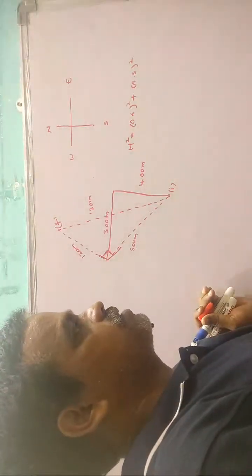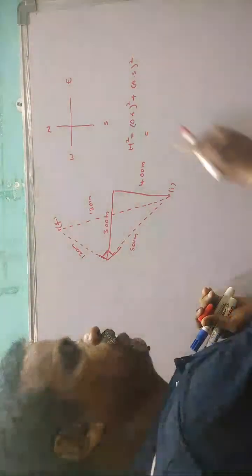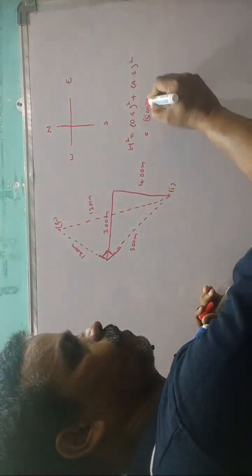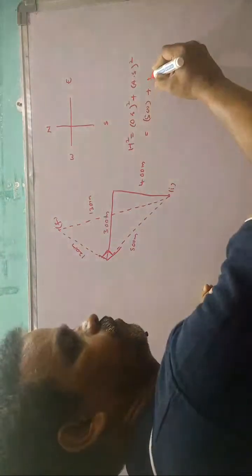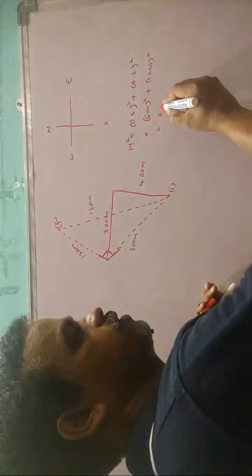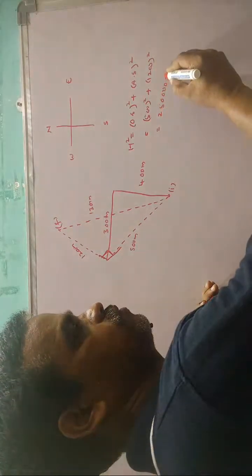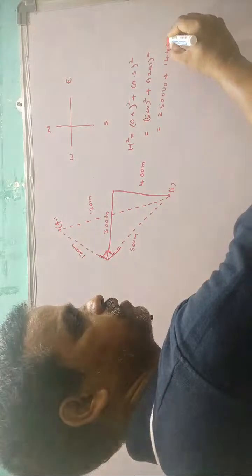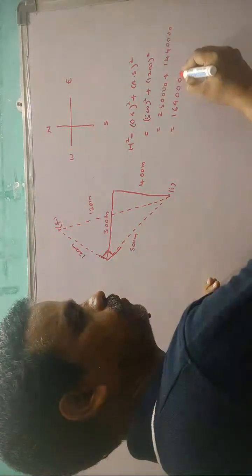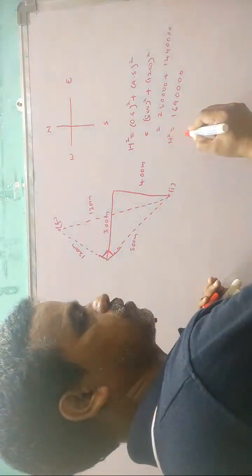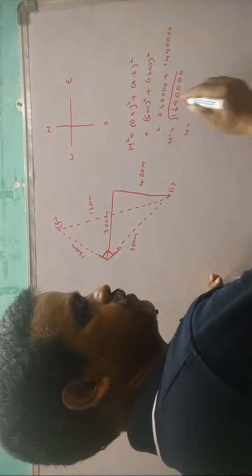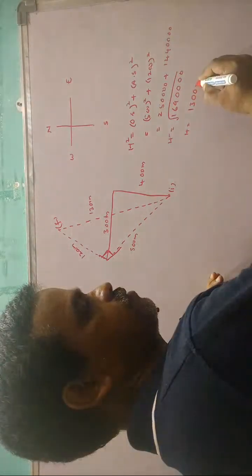So here 500 meter square plus 1200 square, 250000 plus 1440000. So you will get 1690000. So that is equal to h square. H equal to hypotenuse, so under root this one will get 1300 meter.